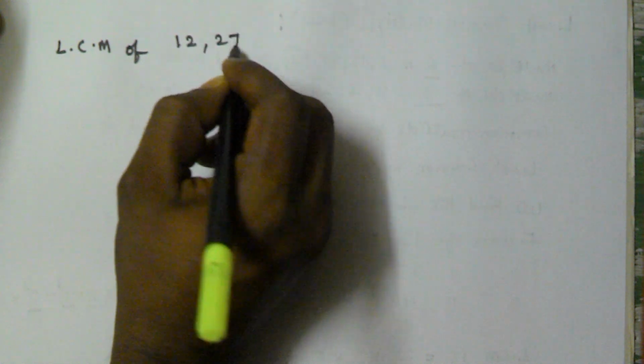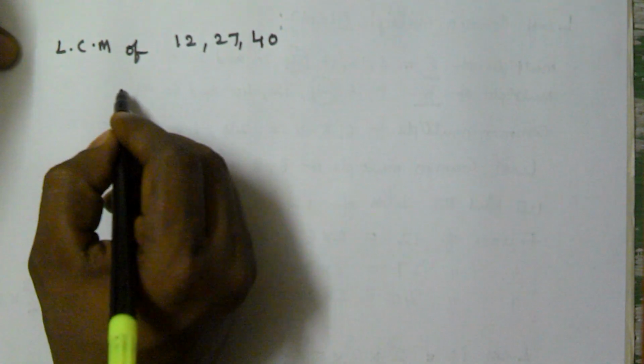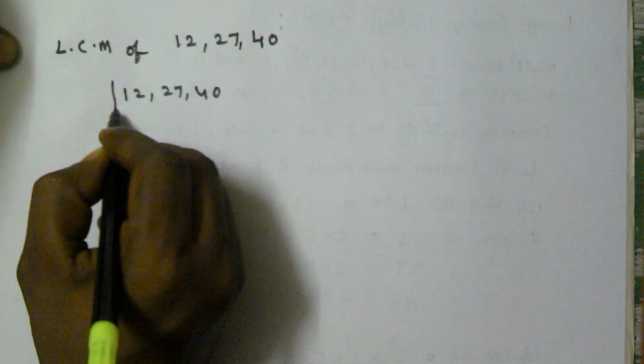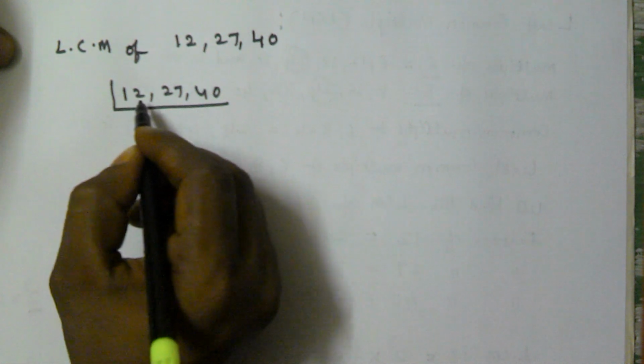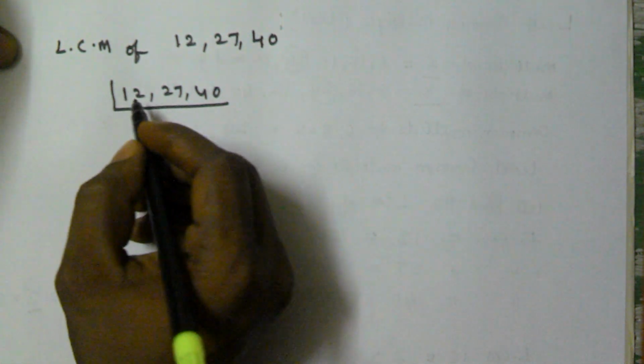Now let's see the division method. Let's find the LCM of 12, 27 and 40. Simply put 12, 27 and 40 there. We have to divide these numbers by using a factor.